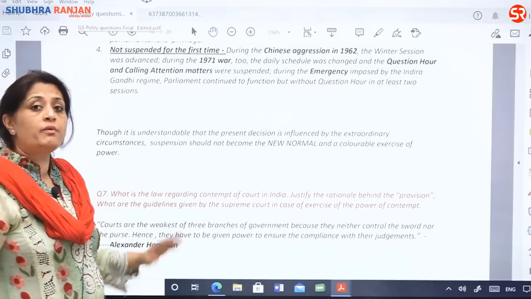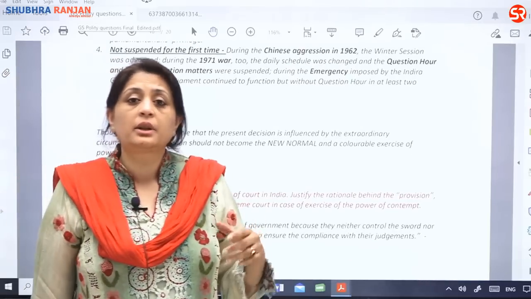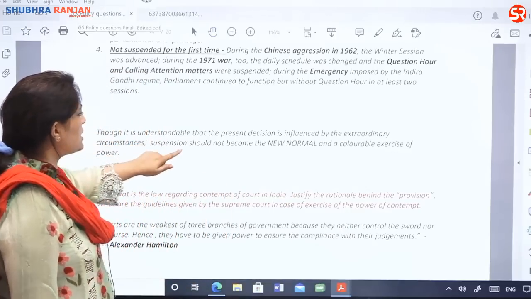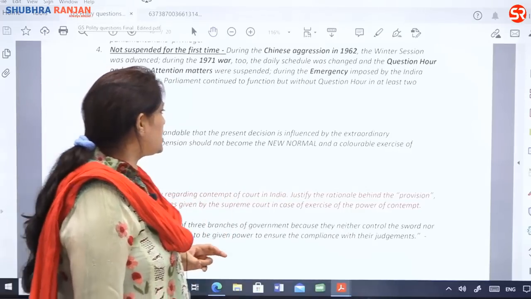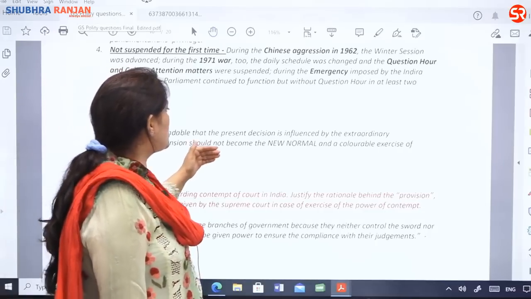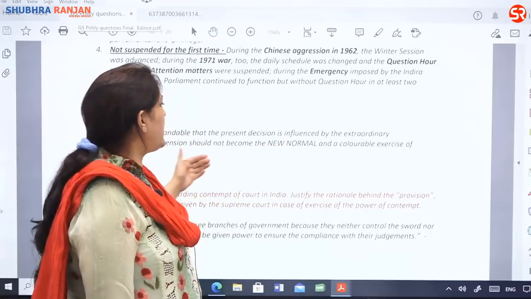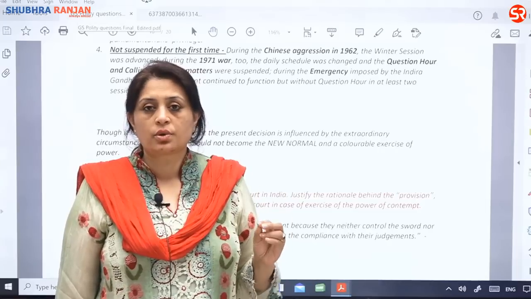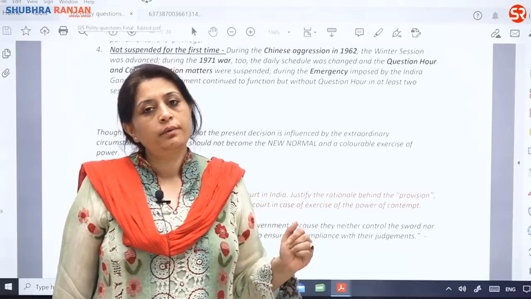But you cannot go very much against the government, and you cannot appear a bhakt either. So what you can write is, though it is understandable that the present decision is influenced by the extraordinary circumstances, suspension should not become the new normal and a colorable exercise of power. So you should also show your point of view.